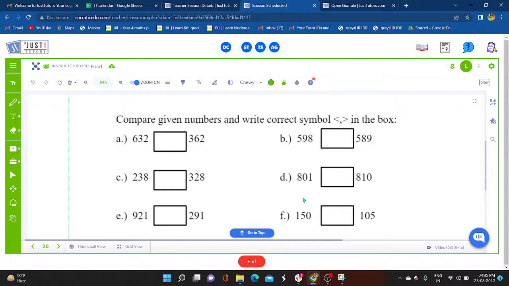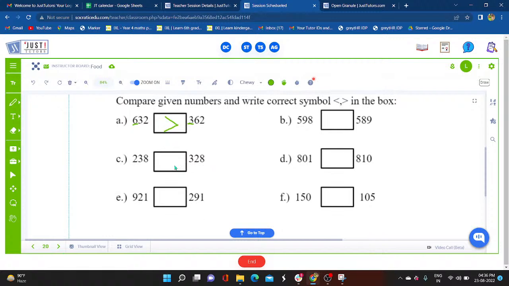So let's try comparing these numbers using the correct symbol. Now the first number is 632 and 362. 632 is bigger because 6 is bigger than 3.